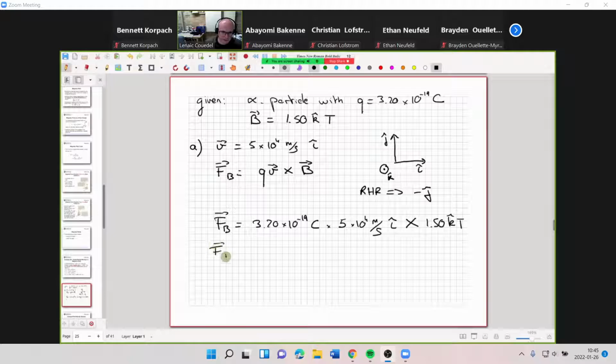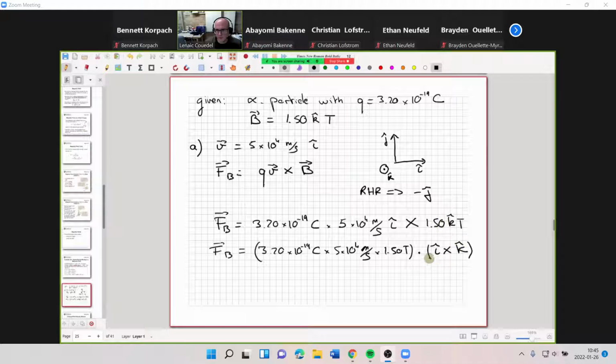F_B is equal to 3.20 times 10 to the minus 19 Coulomb times 5 10 to the 4 meter per second times 1.50 Tesla times I hat cross K hat.